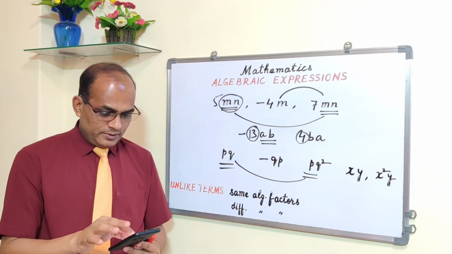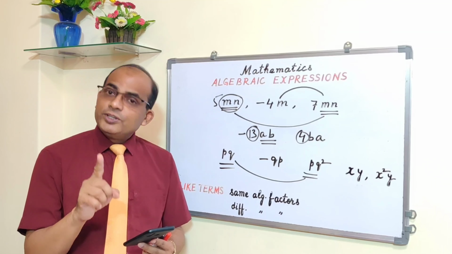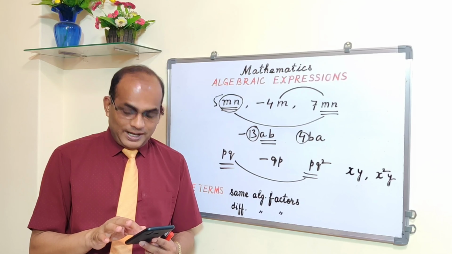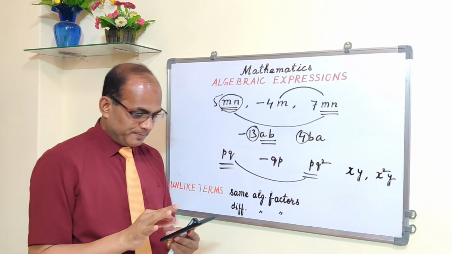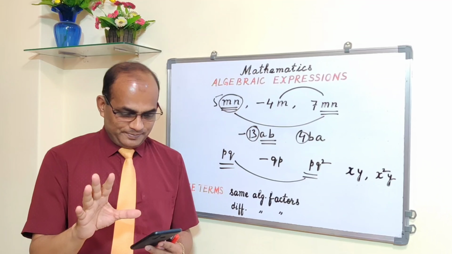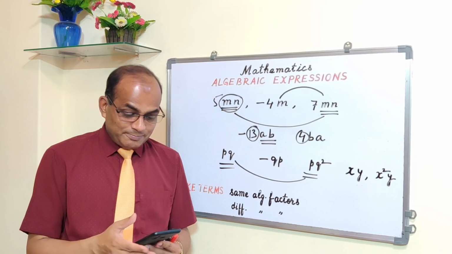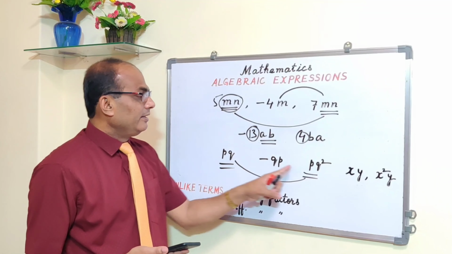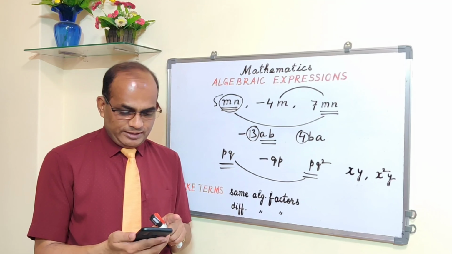Please note down these 2-3 points you need to remember. Ignore the numerical coefficients as I told you. Only see the algebraic part of the terms, PQ, QP, PQ square. Second, check the variables in the terms. They must be the same. Next, check the powers of each variable in the terms.